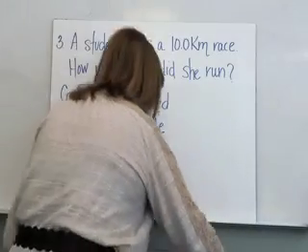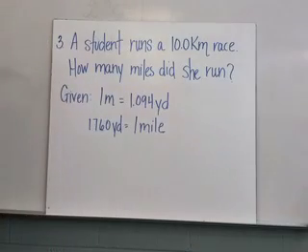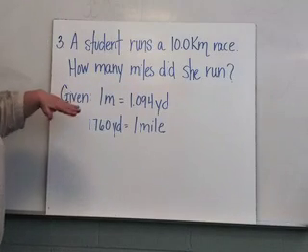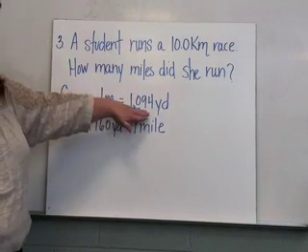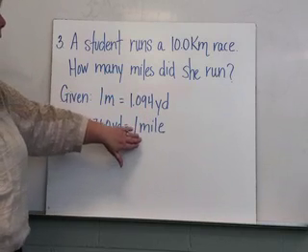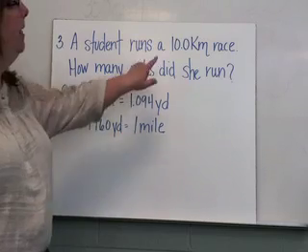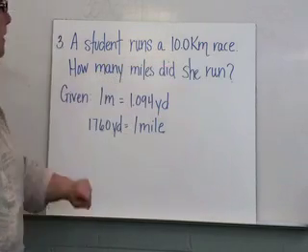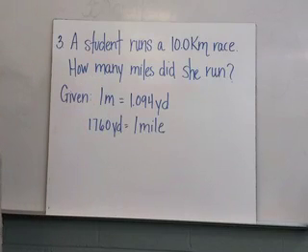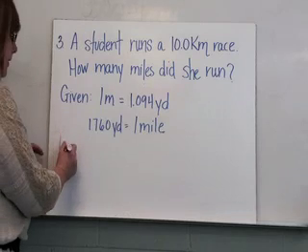Number 3. We're going to need some additional conversion factors, and again, they're always provided. A meter is 1.094 yards, and 1,760 yards are in a mile. All right, if a student runs a 10.0 kilometer race, how many miles did she run? Well, let's go ahead and start with the 10 kilometers.